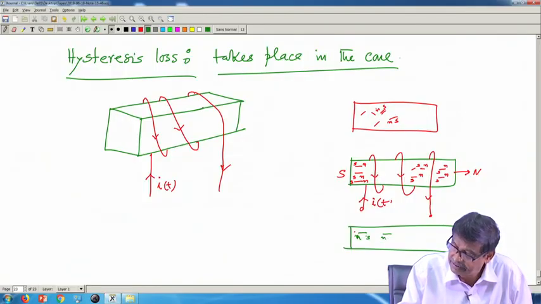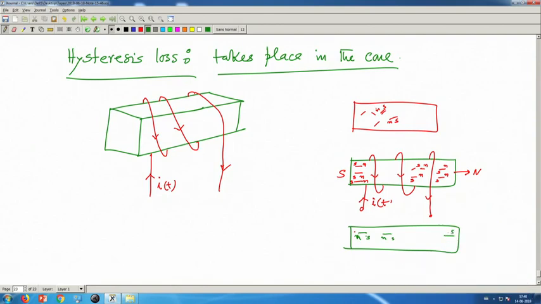Each one will move and finally they will align, provided you reverse the direction of the current. I am not drawing all this, these are very basic.